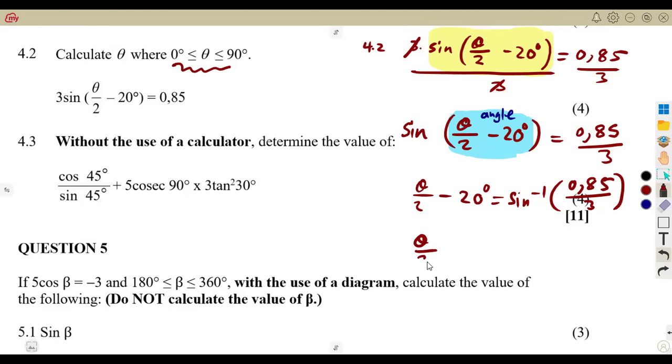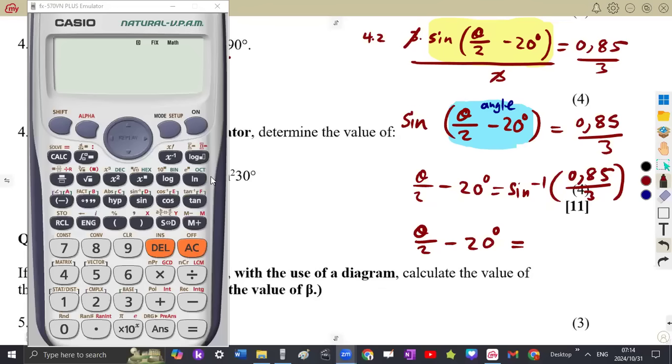So that's theta over 2 minus 20 degrees is equal to. Like I said, there is no need for us to have this as a decimal. We can just use our calculator straightforward. Arc sine, that is shift sine, of 0.85 over 3 like this.